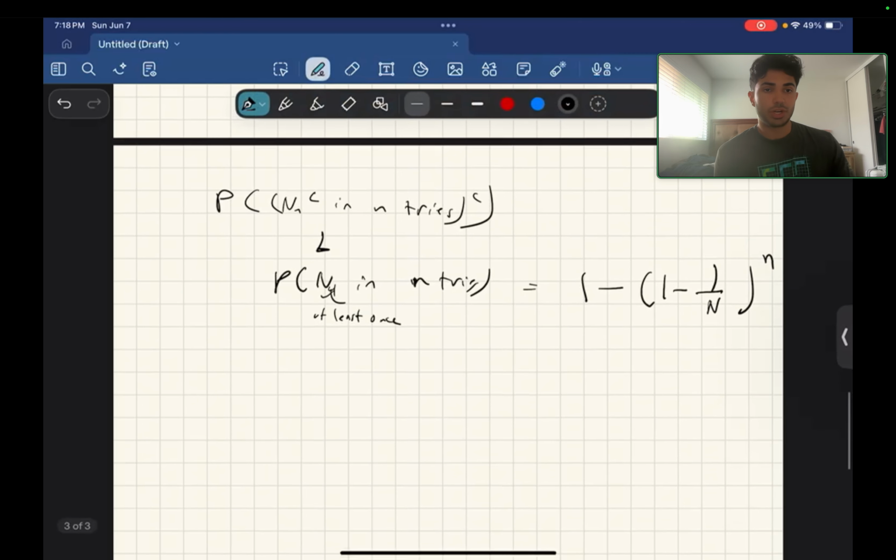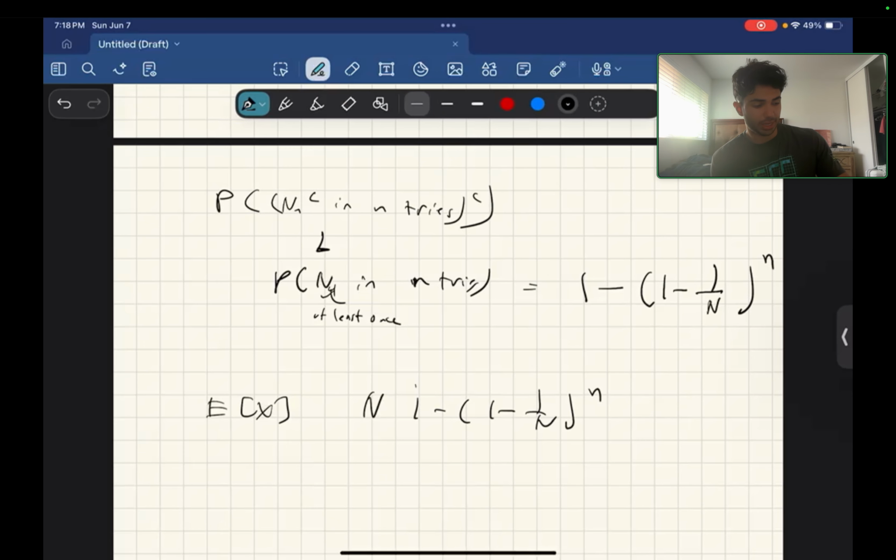And so we're trying to find the expected number of coupons we're going to obtain. You multiply that by how many coupons you can possibly obtain. So your final answer, the expectation, is going to be 1 minus 1 over n to the power of n, and all of that times n.